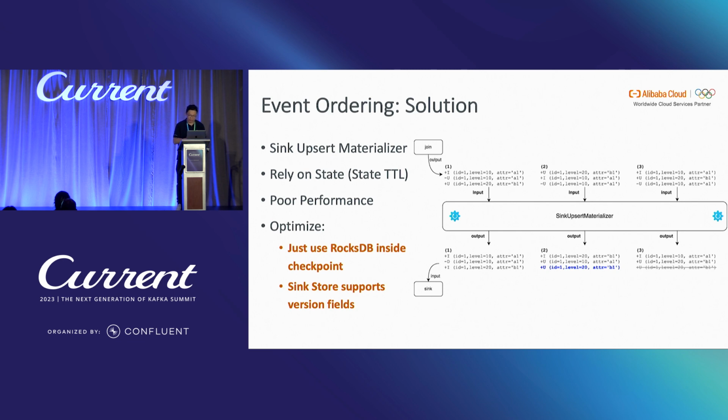So in this case, you can just use a RocksDB in the checkpoint to adjust this orderness, and finally clear all data in this checkpoint, and then in the next checkpoint, you can use a new RocksDB. This optimization is still ongoing in open source Flink.